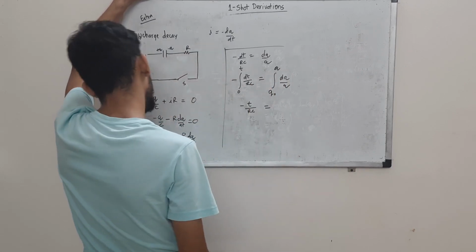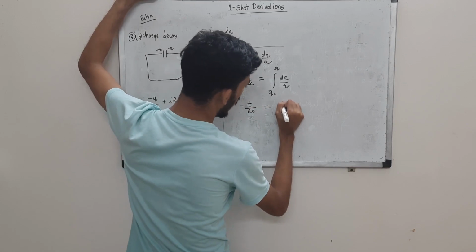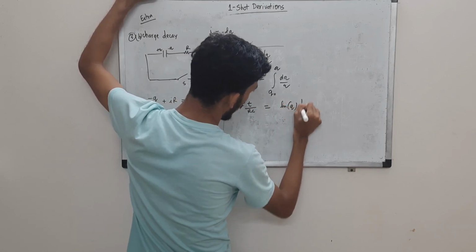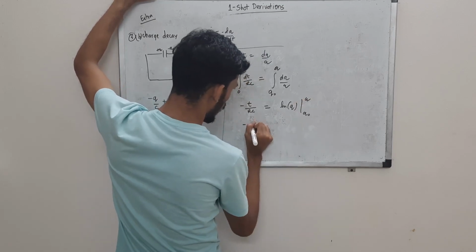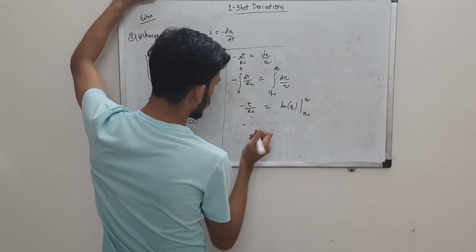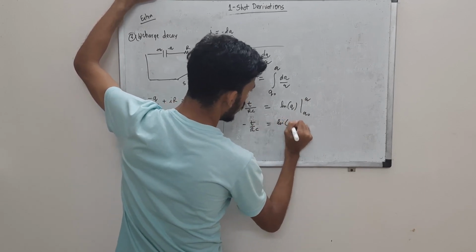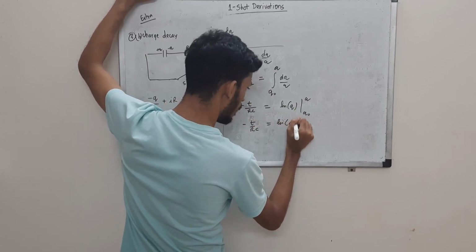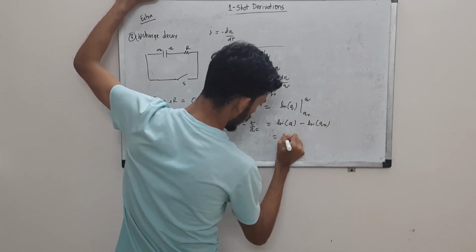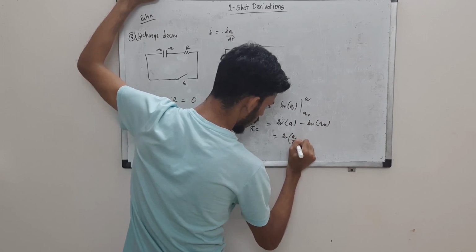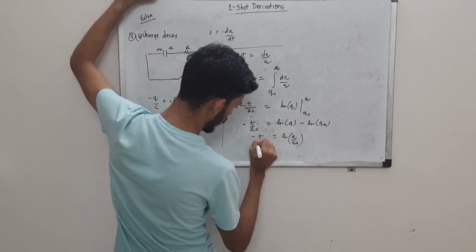Integration of dt is t, t minus 0, and here we'll get ln of q, and the limits are q naught to q. Let's solve it further. So here we'll have ln of q upper limit minus ln of q naught lower limit. So this will give us ln of q by q naught. ln of a minus ln of b is ln of a by b, and this is what we get.